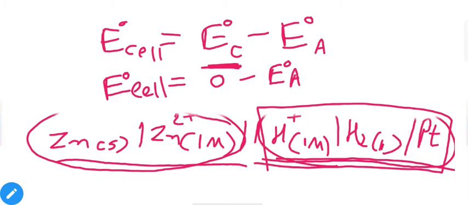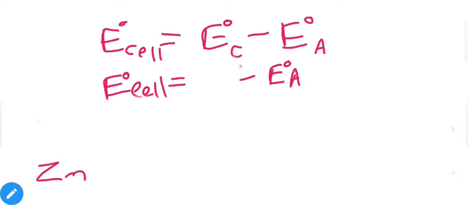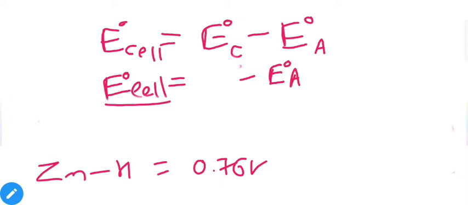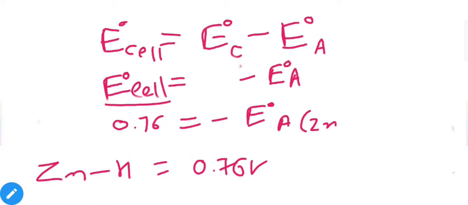That means in this case cell potential is equal to the negative reduction potential of our anode. When we actually connect zinc and hydrogen together in a cell, the cell potential of this cell is 0.76. That means this cell produces 0.76 volts of electricity. So E cell is equal to 0.76, and it is equal to minus the reduction potential of the anode, and here as an anode we have the zinc half cell.